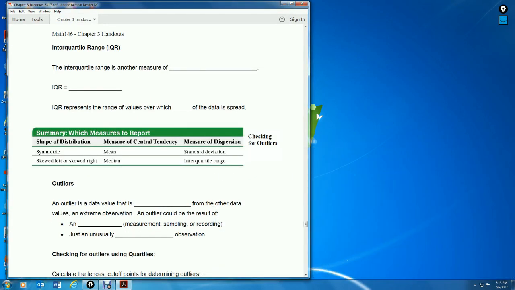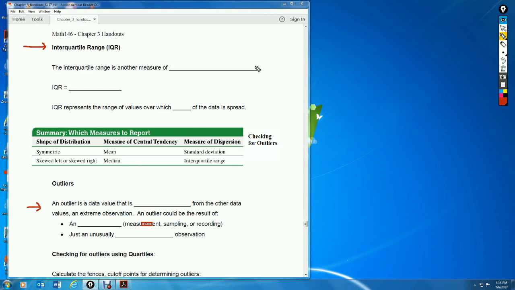All right, so now that we know how to find the quartiles, we can find this next measure of variation or dispersion that I mentioned earlier, which is called the interquartile range, or the IQR. This is just another measure of variation or dispersion.